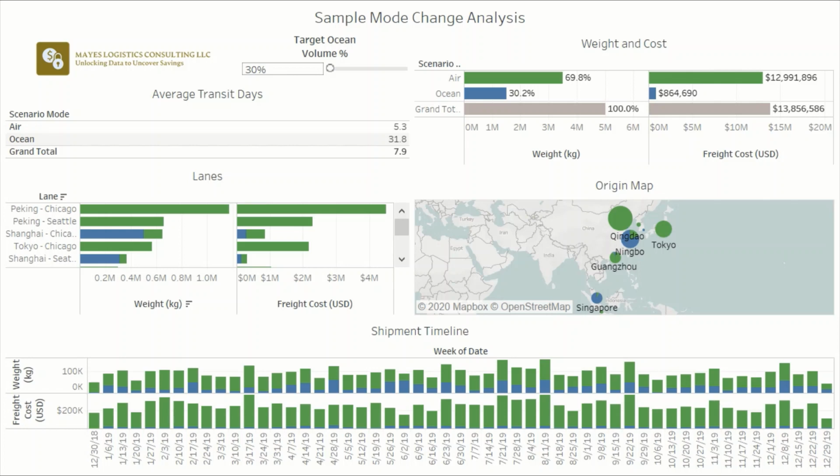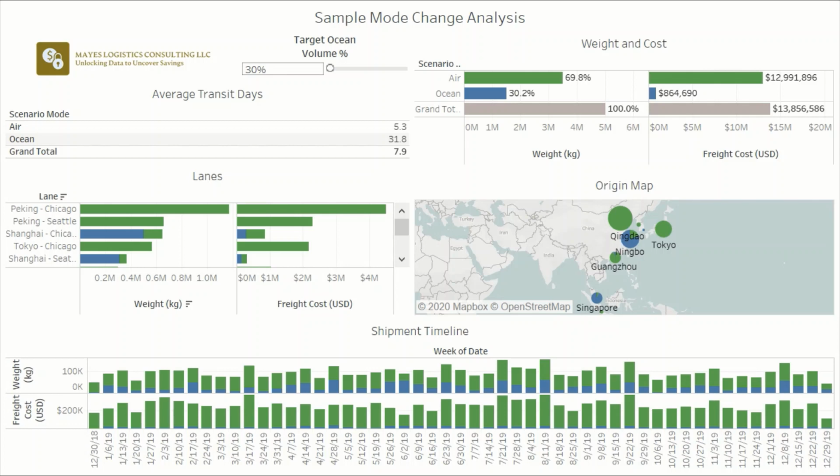But in some cases, shipping too much air freight is unnecessary and might be pouring a lot of cash down the drain. And in those cases, it might be helpful to conduct a modeling exercise to see how much you can save by shifting some of those air shipments to ocean shipments.